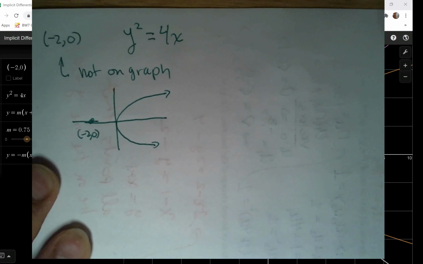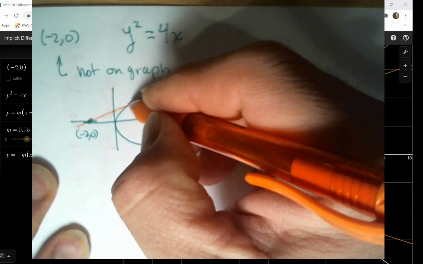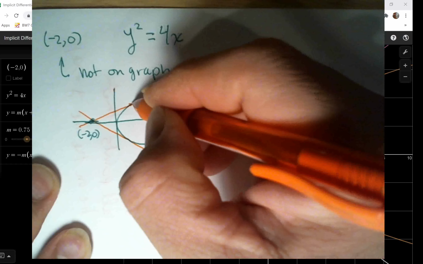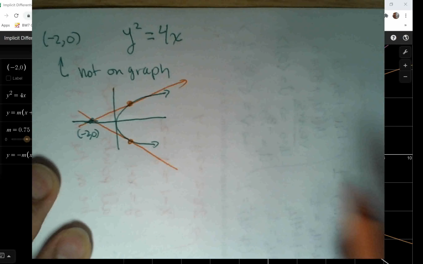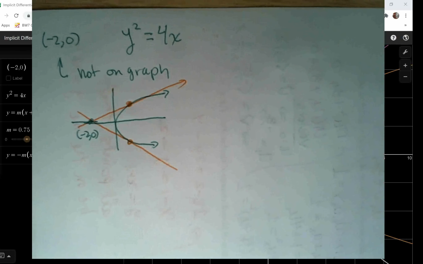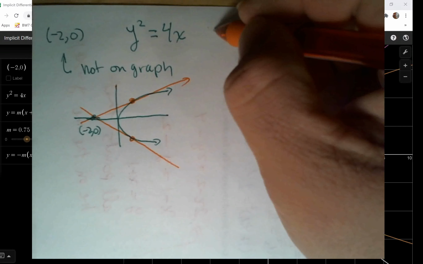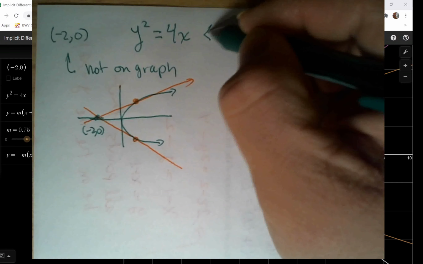All right, and I'm looking for two tangent lines here, right? So I need to find out what those points are in order to determine the tangent line. A couple things I'm going to do here. I'm going to rewrite this.